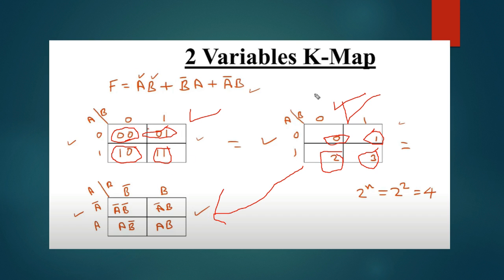As you can see, this A and B remain as they are, but in these places, instead of writing zeros and ones, we have written A prime or A bar. Here we have written A. The same, we have written B bar, and B over here.